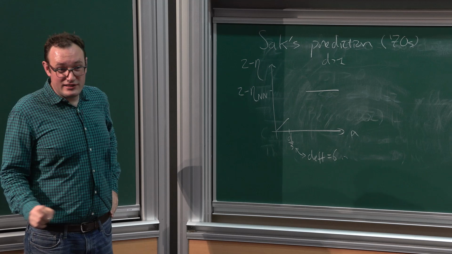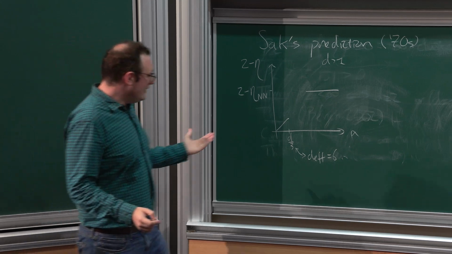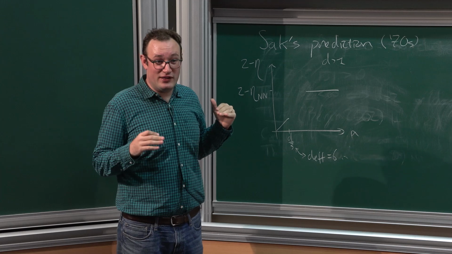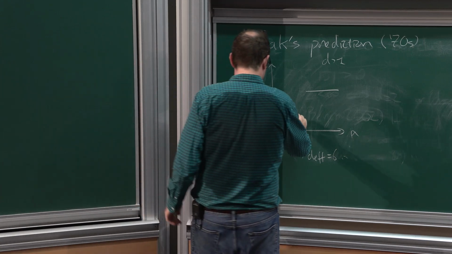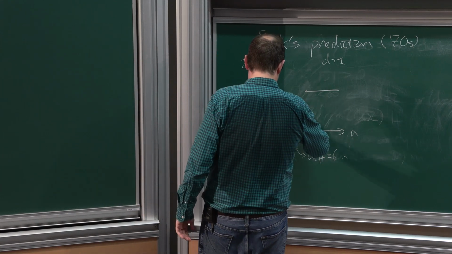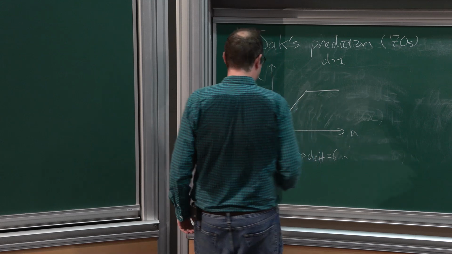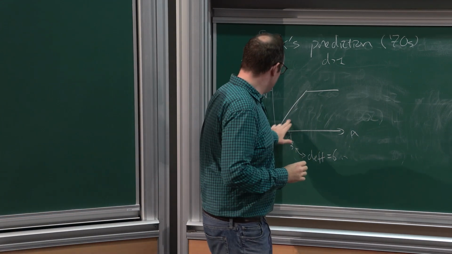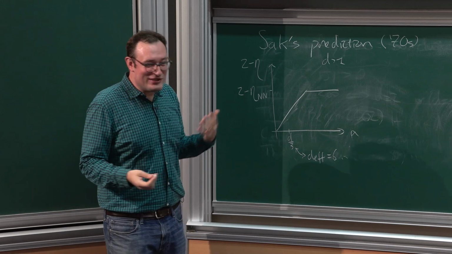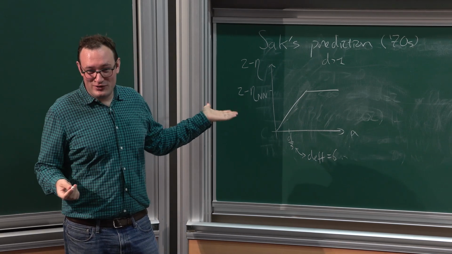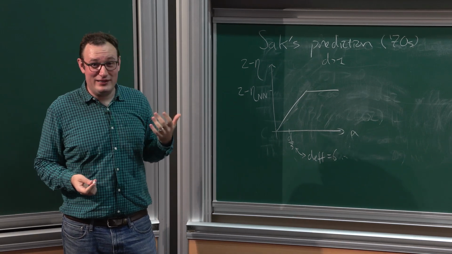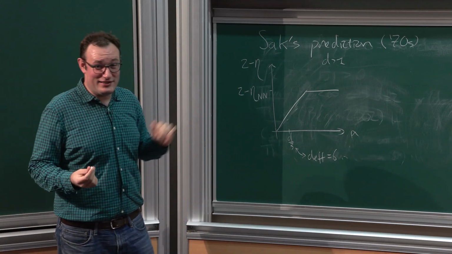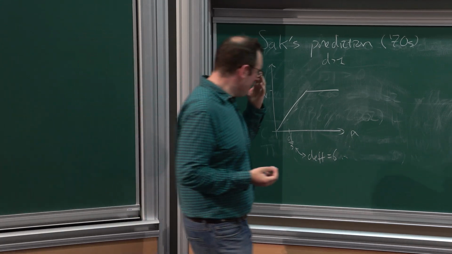Now, Sak's prediction is that if you want to get the whole curve, you just join up these two straight lines continuously. Sorry, that looks like a kink. Let me draw that again. Now, of course, I'm not giving you the reasons why he predicted this. It wasn't just that he connected up these two lines, but that is indeed what the prediction is.